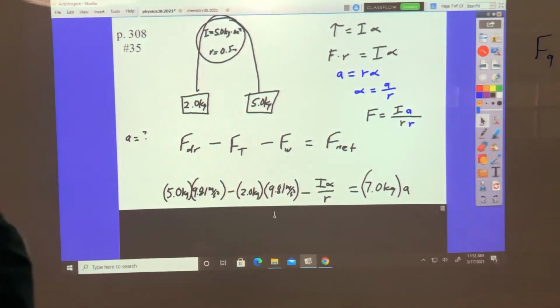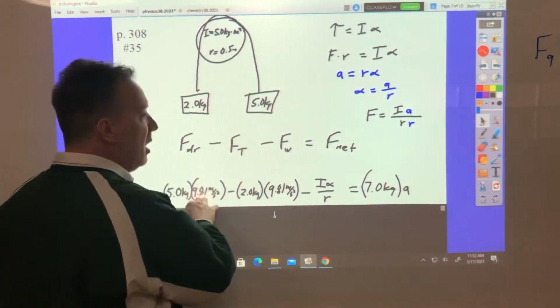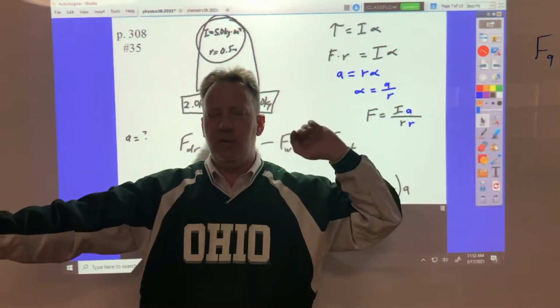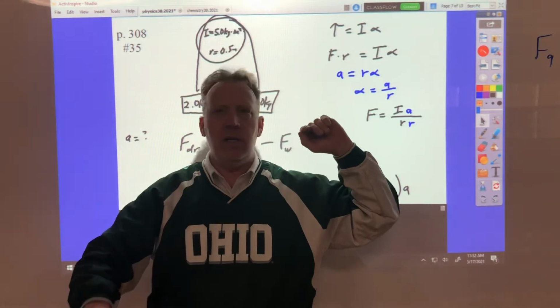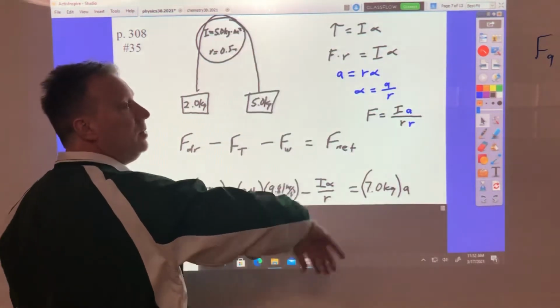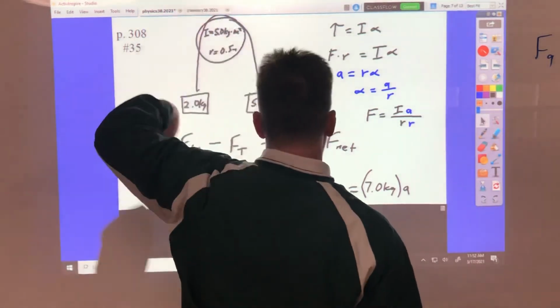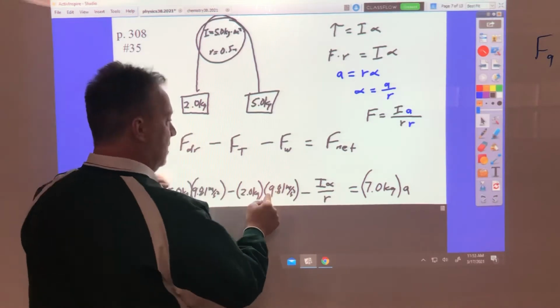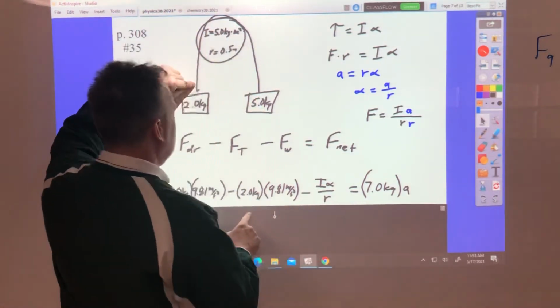Okay, so our driving mass is 5 kilograms times 9.81. Don't use a negative on the 9.81 because we're changing our frame of reference. We don't need to worry about down being negative and up being positive. Now we're doing clockwise is positive, counterclockwise is negative. So I'm adding a negative here because this part's counterclockwise, this tension.